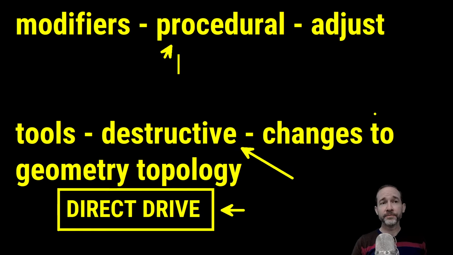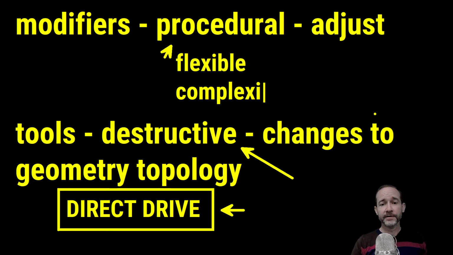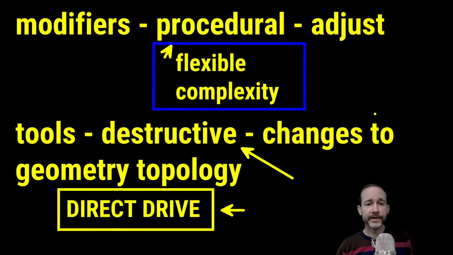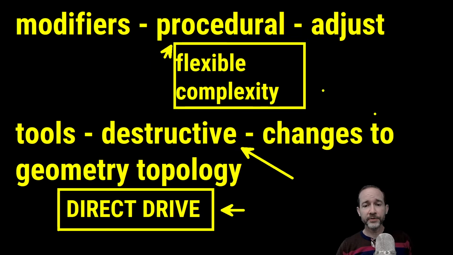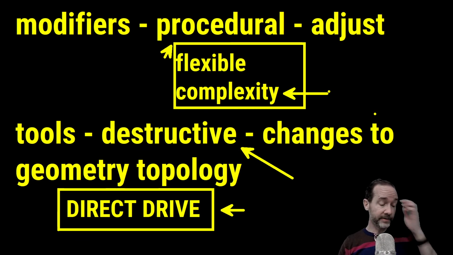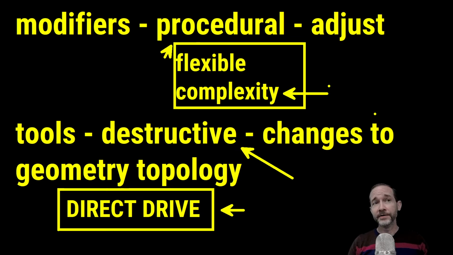Here, because this is procedural and adjustable, it's a much more flexible way to work, but it adds a not insignificant amount of complexity to everything. And so, especially here at the beginning, this may be a deal breaker in that when we use one or two modifiers, that's fine, but you can end up with many, many modifiers and not really understand the way that they're working together, or that the stack of the modifiers ends up being important.